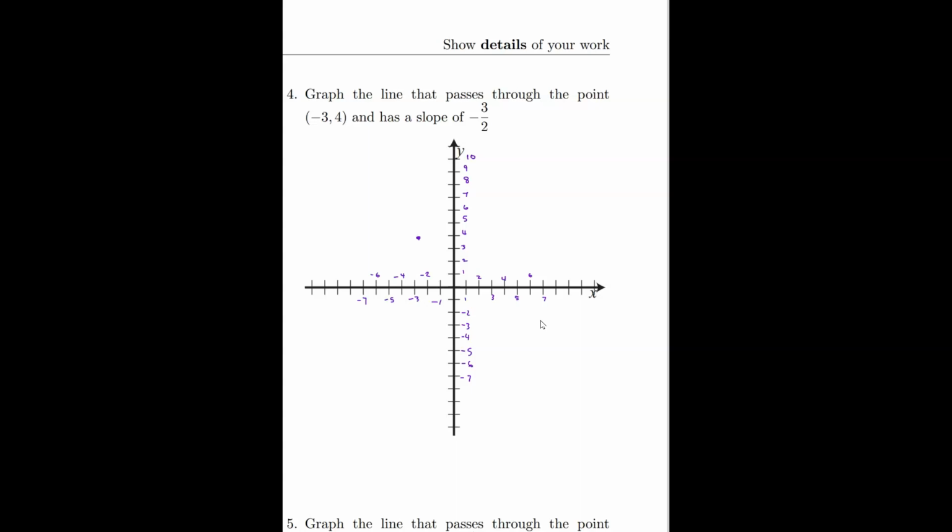So now I'm going to come down 3, because this is a negative. I'm going to say -3. I'm going to come down 3, and then I'm going to go over 2. So I'm going to wind up here. I'm coming down 3, so I came from 4 down to 1, and then I moved to the right 2.